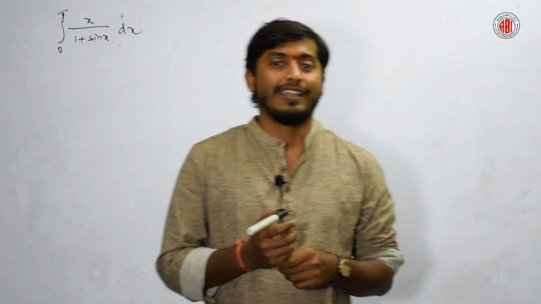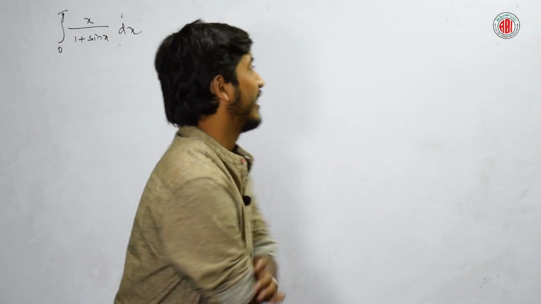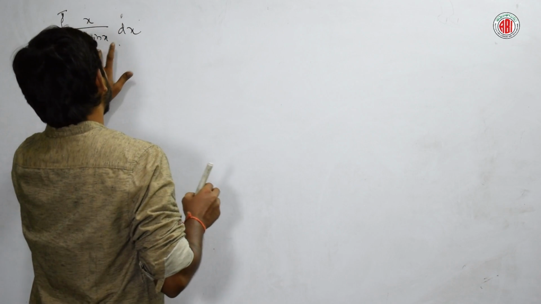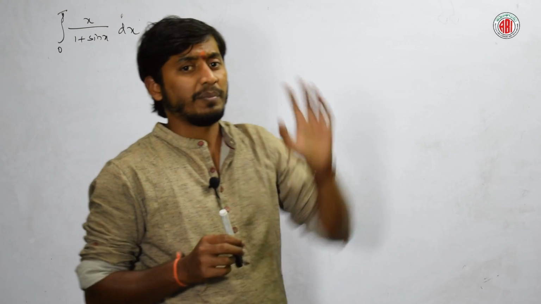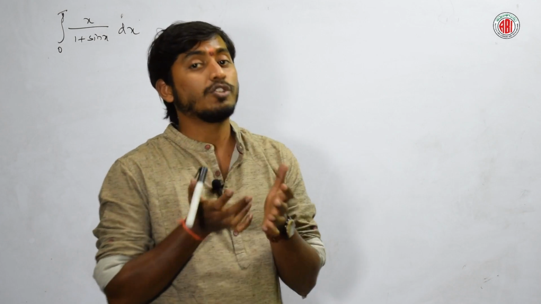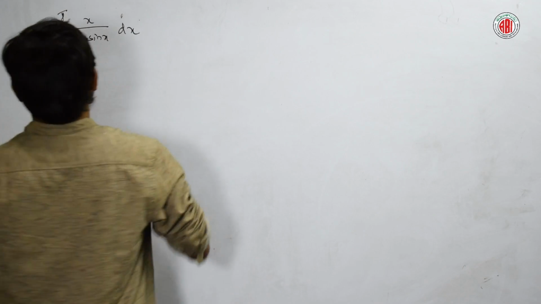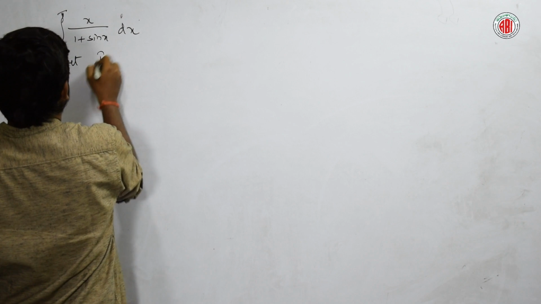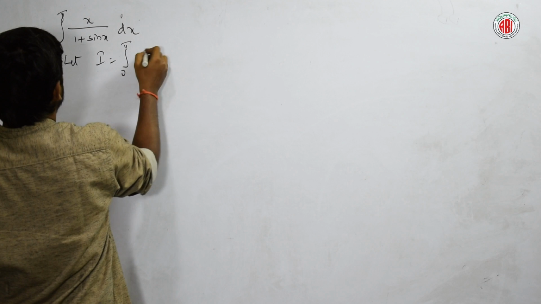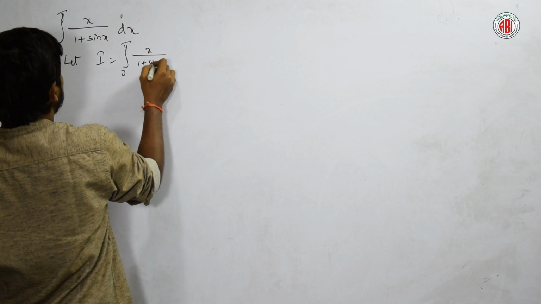See here. The question given here is x by 1 plus sin x dx. From here, remember, we are going to assume it to be some variable. So let us write I is equal to integral 0 to pi x by 1 plus sin x.